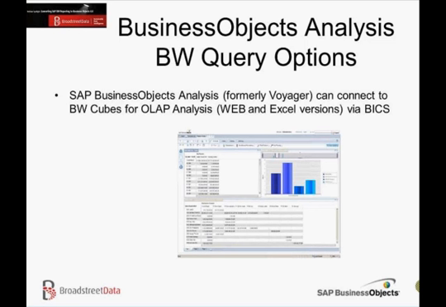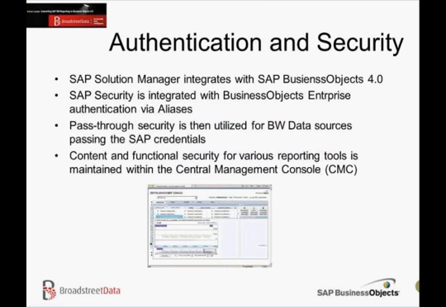Now, there's two versions of this tool. There's a web-based that integrates with the BI Launchpad, and there is an Excel-based that integrates directly within Excel. And we can connect to the BW backend using BICS.